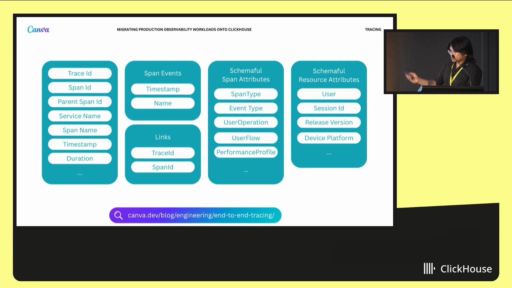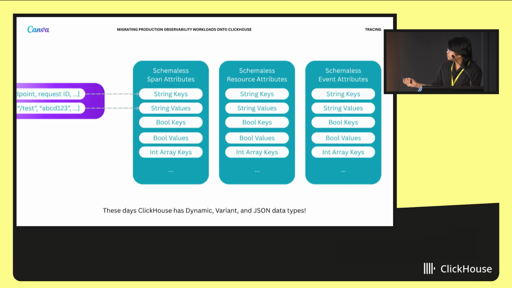But this is all good; the biggest challenge that we faced really was supporting schemaless attributes. To support schemaless attributes, we designed them as pairs of arrays, an array of keys and an array of values. When combined, this allows us to store any number of arbitrary attribute names for a given type.